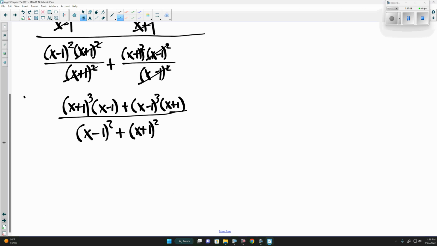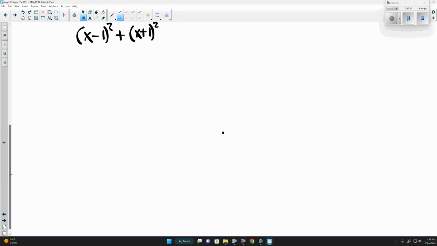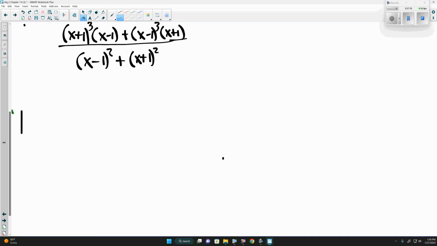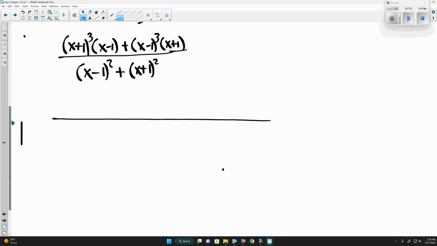Now we're going to have to multiply these out, and again, I'm doing this mainly for time's sake. I'm going to skip a step in multiplying x plus 1 by itself 3 times.